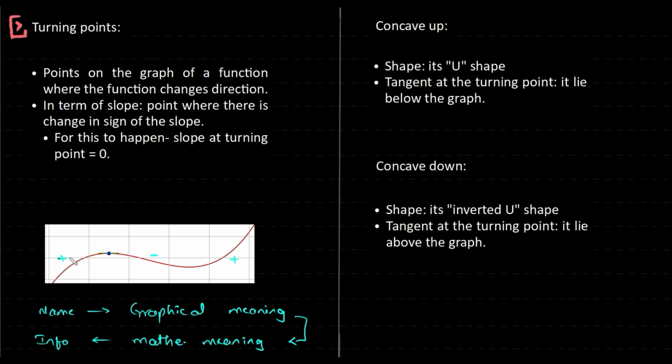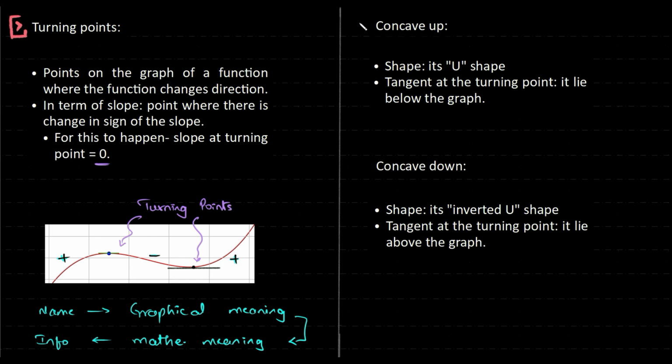Somewhere along the line, we have a point wherein the slopes are 0, right? These 2 points are known as turning points. So in terms of slope, at the turning point, the slope of any tangent will be 0. I hope it made sense.